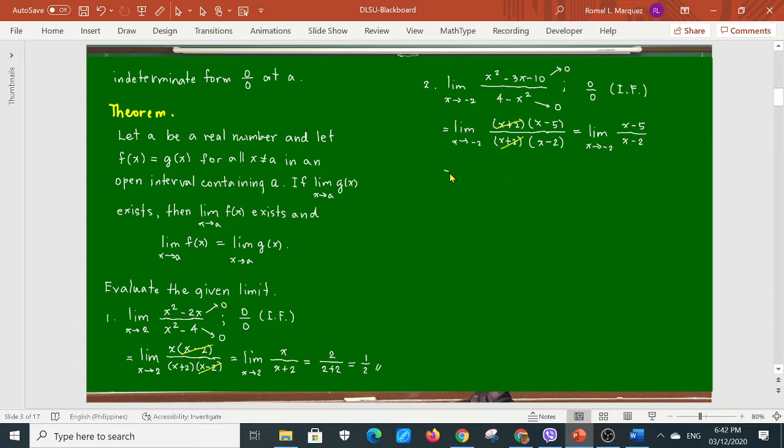So we can now apply the substitution rule to this new limit, which has the same limit as the original. So we have negative 2 minus 5 all over negative 2 minus 2. And this gives us negative 7 over negative 4, that is equal to 7 over 4.